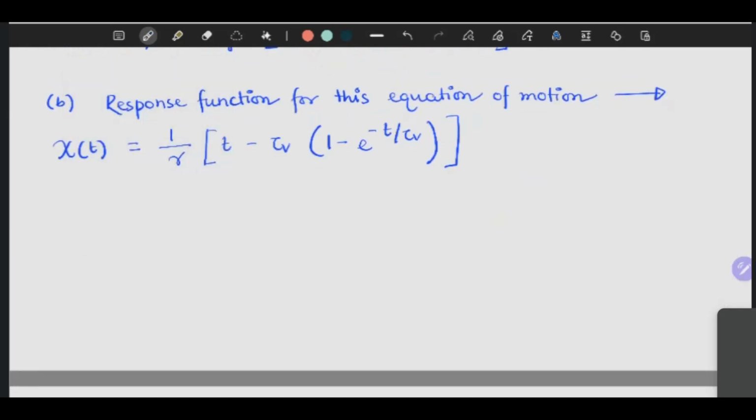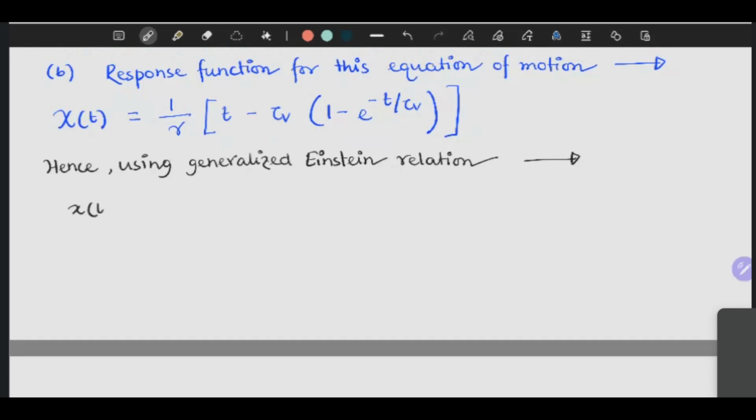Hence, using the generalized Einstein relation, we get x(t) minus x0. Please refer to the lecture.